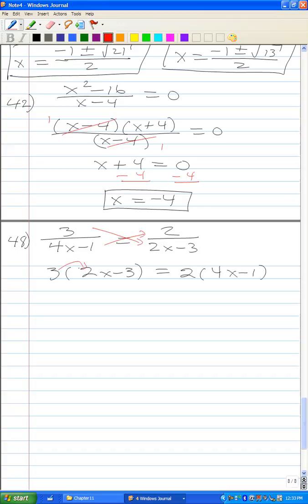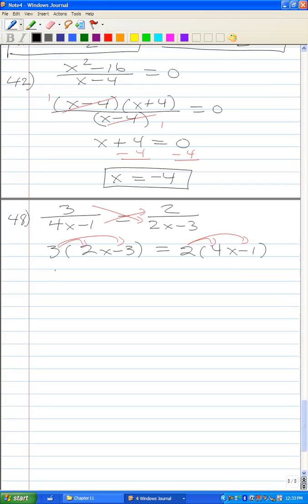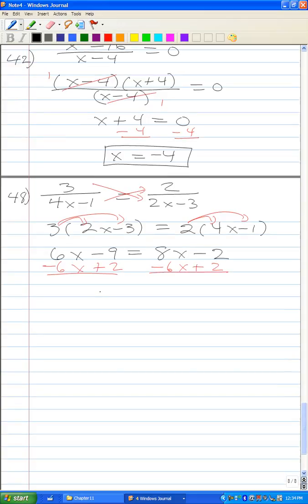Let me multiply the 3 inside the parentheses, 2 inside the parentheses. And so I get 6x minus 9 equals 8x minus 2. Subtract 6x, add 2 to both sides of my equation. And so 2x is equal to negative 7, divide by 2.